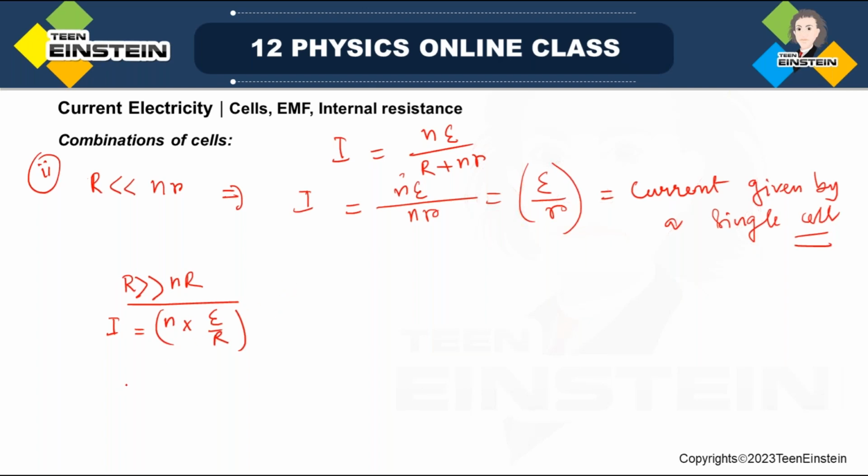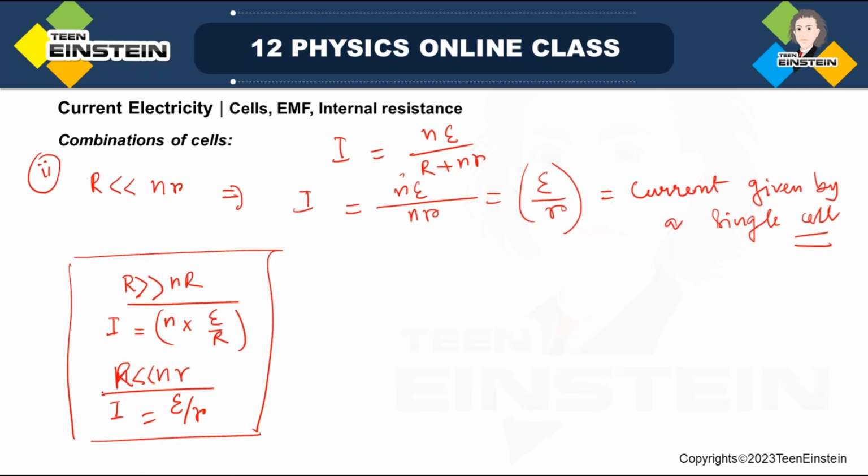And second, if r is much less than NR, in this case we are getting E by r, that means the current which could be supplied by a single cell.